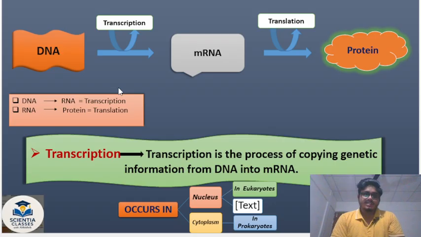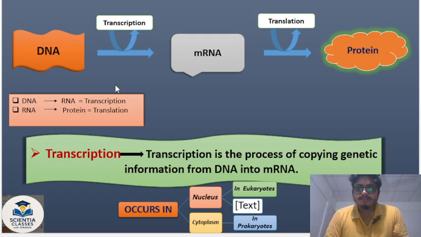So first we need to understand what transcription is. Transcription is the process of copying genetic information from DNA into mRNA. So what does it mean? It means that transcription is the first step in the central dogma, where mRNA will copy the information from DNA, which is then used for synthesizing the protein, the polypeptide chain.